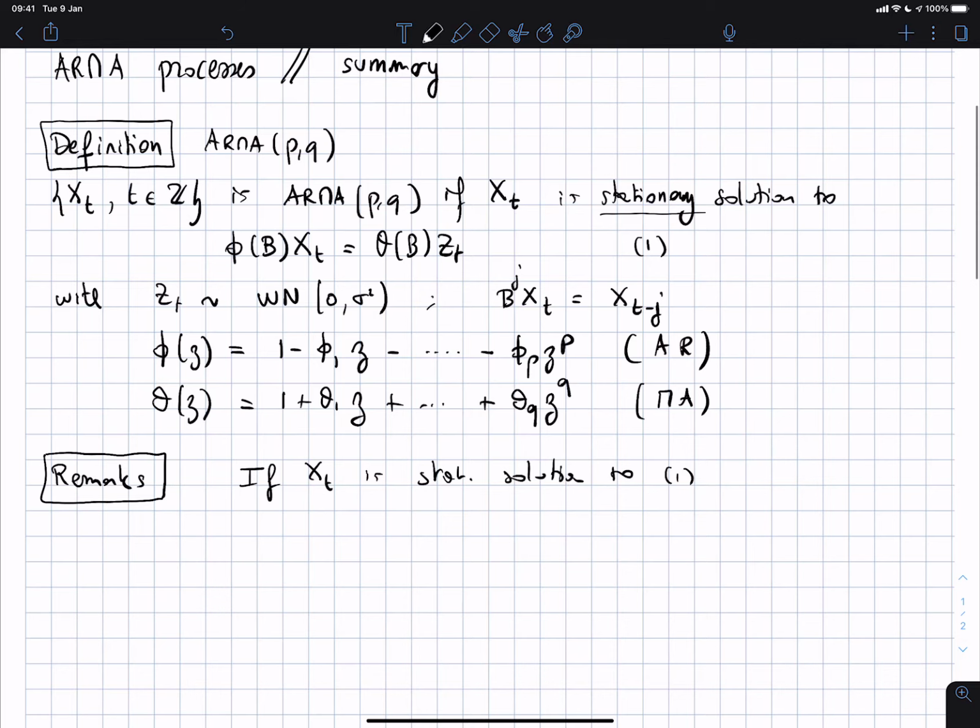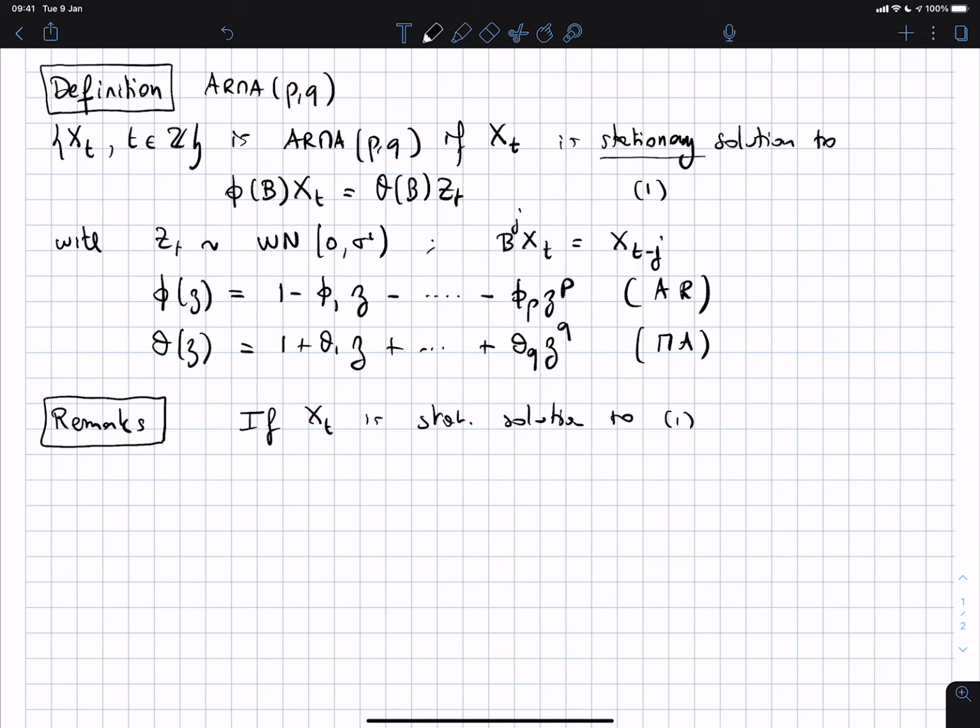Nobody's complaining, that's good. So if X_t is a stationary solution to 1, then what do we know? We know that the mean of X_t is constant, because it's stationary. We call it mu.